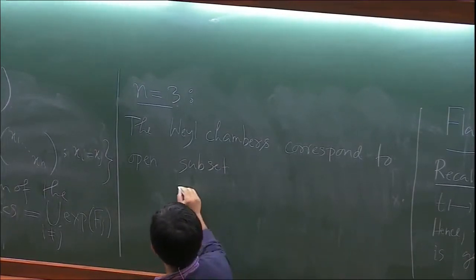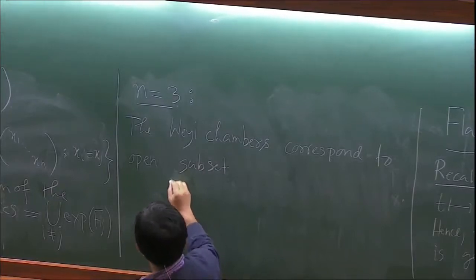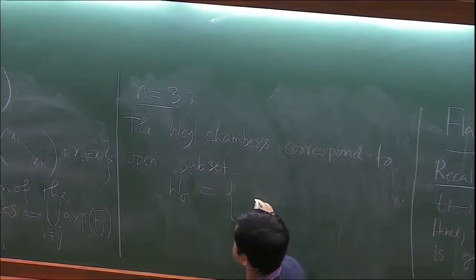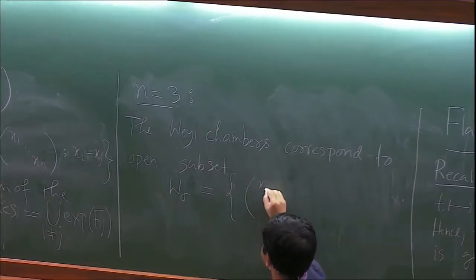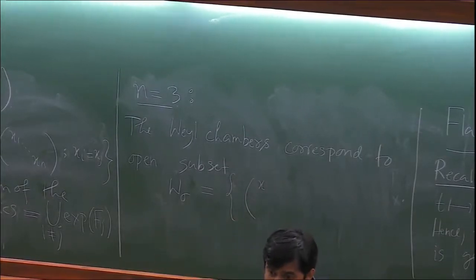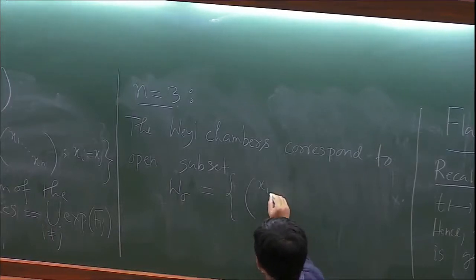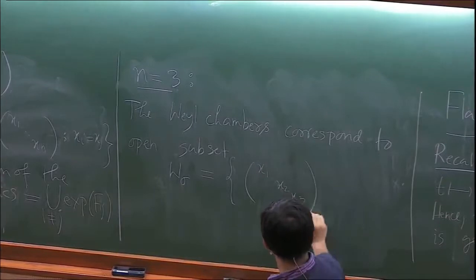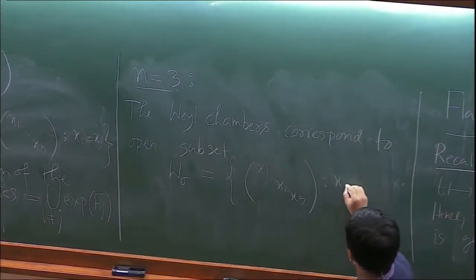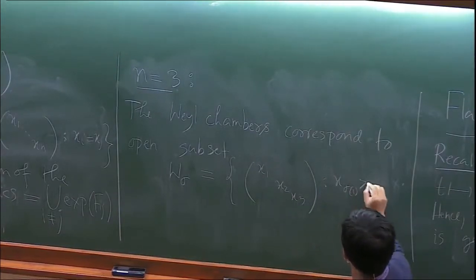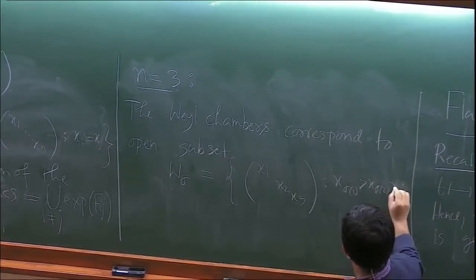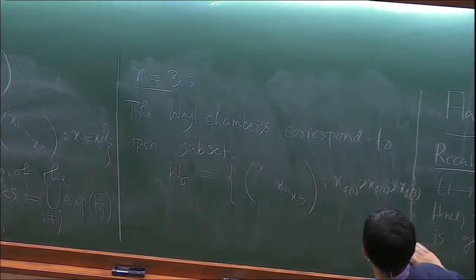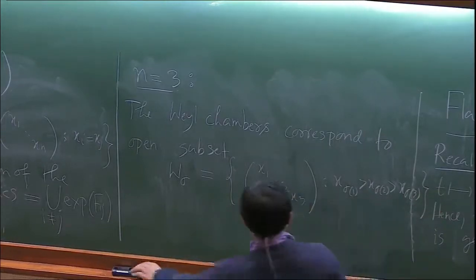Maybe I call it W sigma, where W sigma is the set of matrices x1, x2, x3 such that x sigma 1 is bigger than x sigma 2 is bigger than x sigma 3. I'll just leave this for you to check.